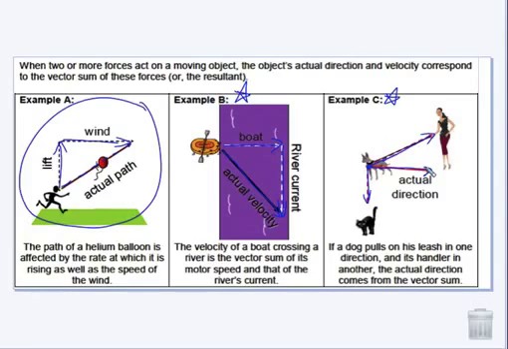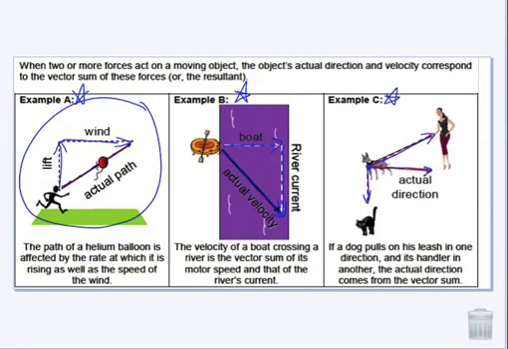If you recall from earlier in our units, we had the two different ways of graphing something. You had the tail-to-tip method or the parallelogram method. Well, if you look at your example A, this is an example of the tail-to-tip method.